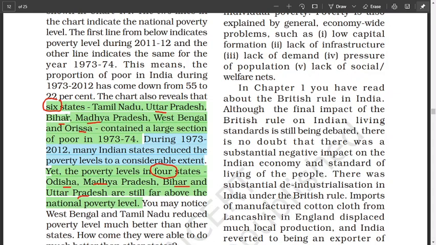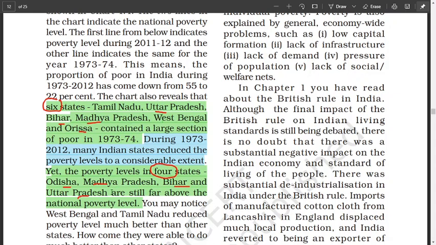Yet, out of those 6 states before, 4 are still at the lowest rank of poorest states in India. Orissa still cannot get out of that line, along with Madhya Pradesh, Bihar, Uttar Pradesh. These 4 states are the poorest, the states which have the poorest of the poor in India.